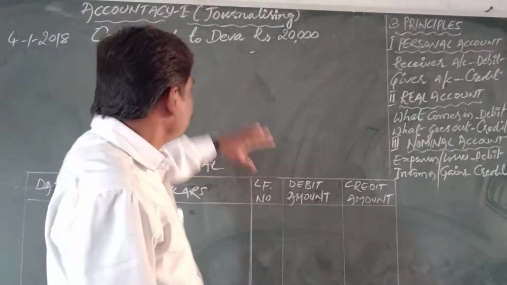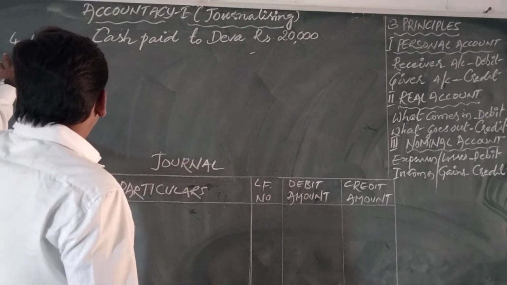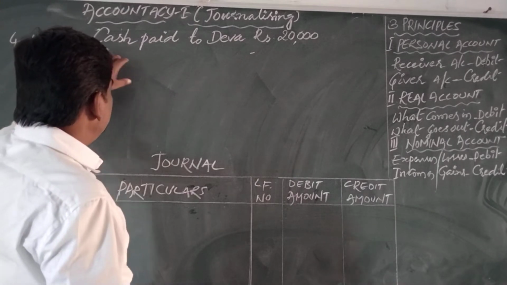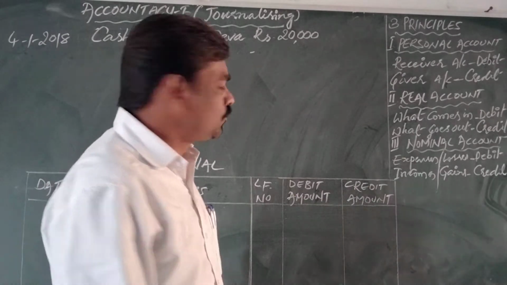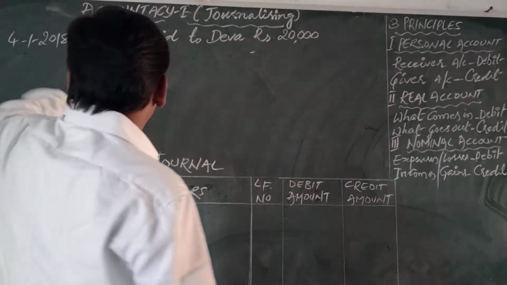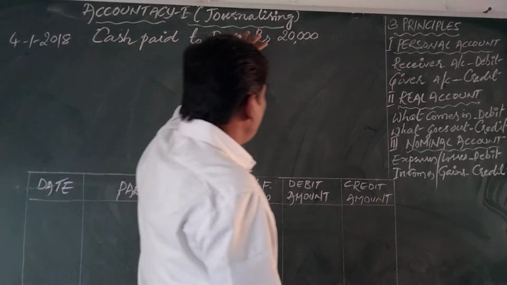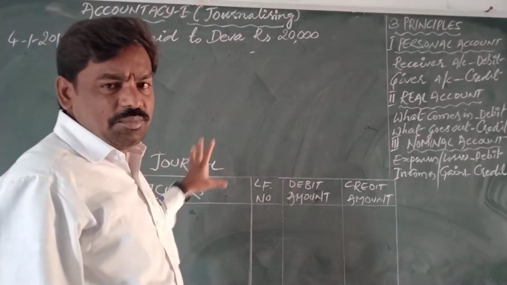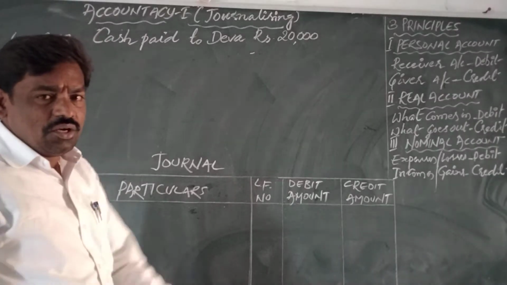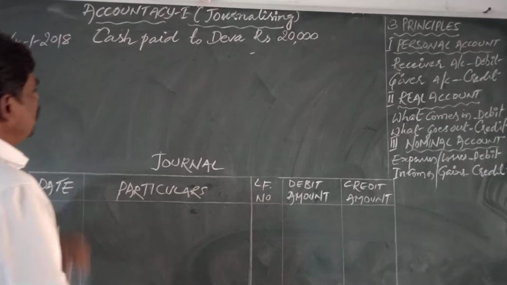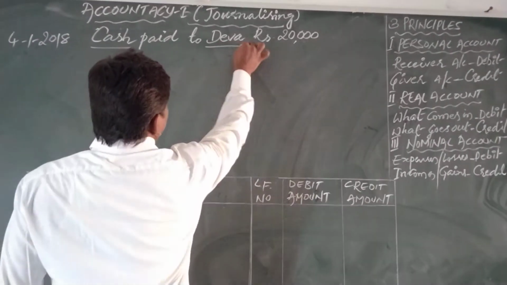Here you are given one transaction: on 4th January 2018, cash paid to Deva rupees 20,000. It is the business transaction. In this business transaction, you can identify two aspects. First one is cash, and second one is Deva.